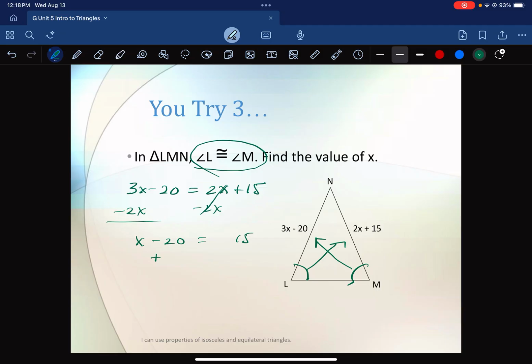Then I'm going to add 20. That's going to go away, and I'm going to get 35 for x, and that's what they're looking for. Find the value of x.